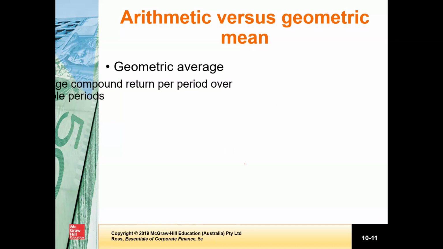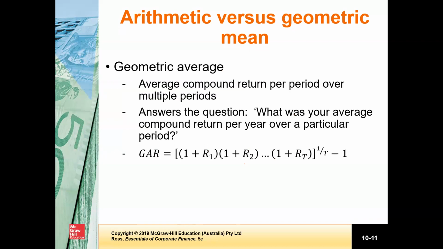There is another way to calculate average. This is called the geometric average. In the geometric average, we essentially calculate the compound return per period over multiple periods. You can see how we calculate this. These are the periodic return components.